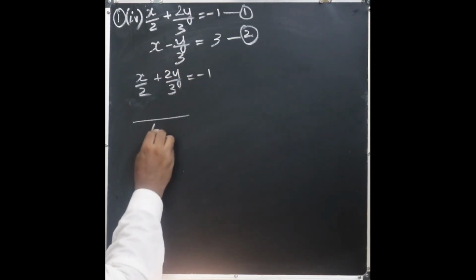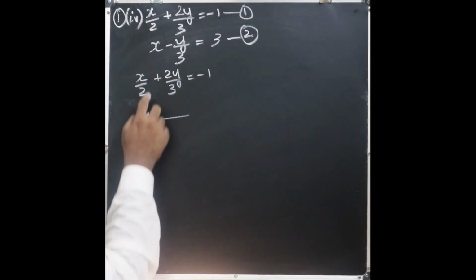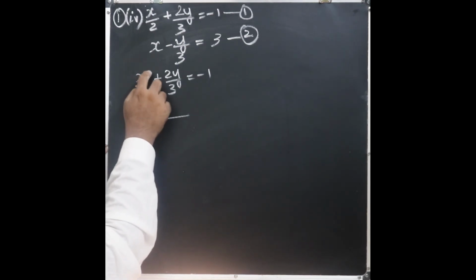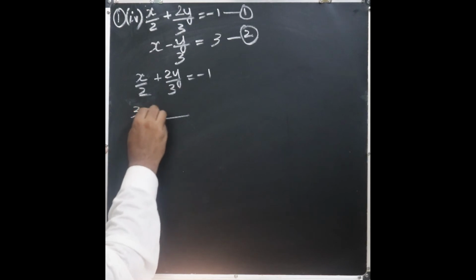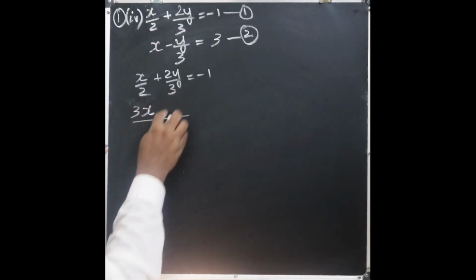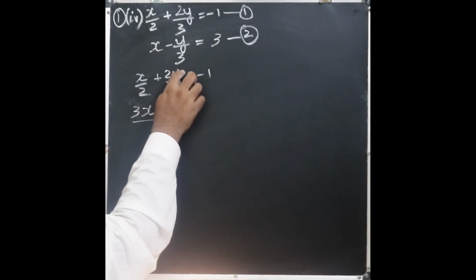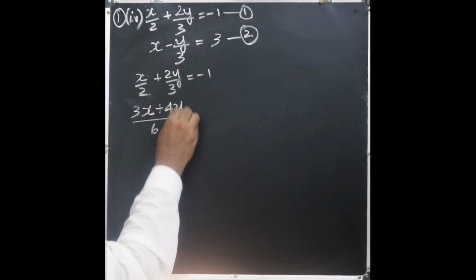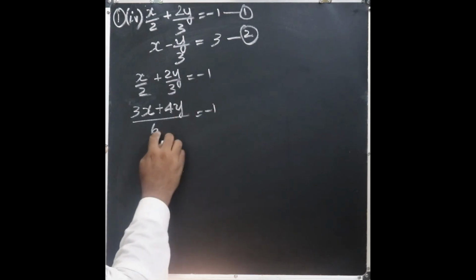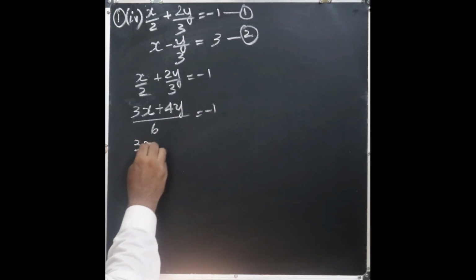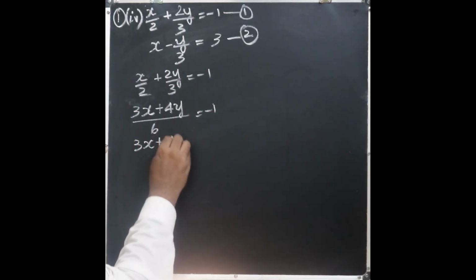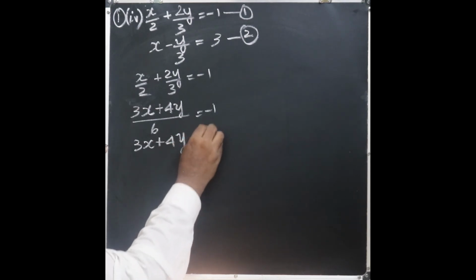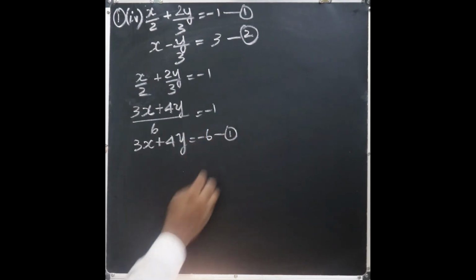Taking LCM of 2 and 3 is 6. 2 into 3 is 6, so multiply the numerator also by 3, we will have 3x. Then 3 into 2 is 6, so we are going to multiply numerator also by 2, so we will have 4y equal to minus 1. Taking the 6 to the other side, we will have 3x plus 4y equal to minus 6. This is your first equation.